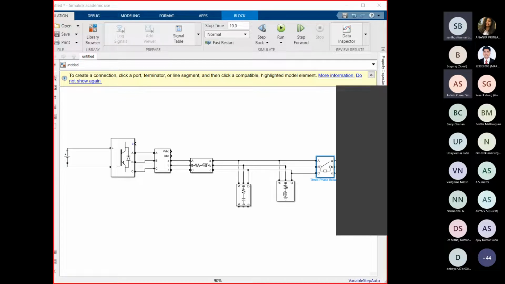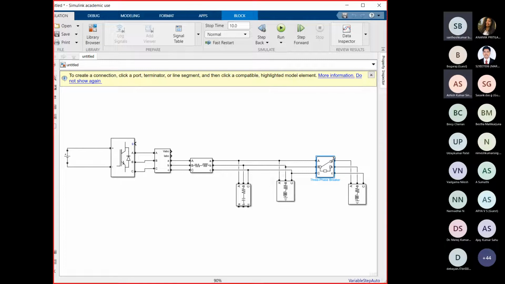For example, if I want to switch on at 0.4 and switch off at 0.6 seconds, this breaker can close the switch at 0.4 seconds and open at 0.6 seconds. This is the extra load. We are intentionally giving the load disturbance to the system, and we will see how the inverter will behave.